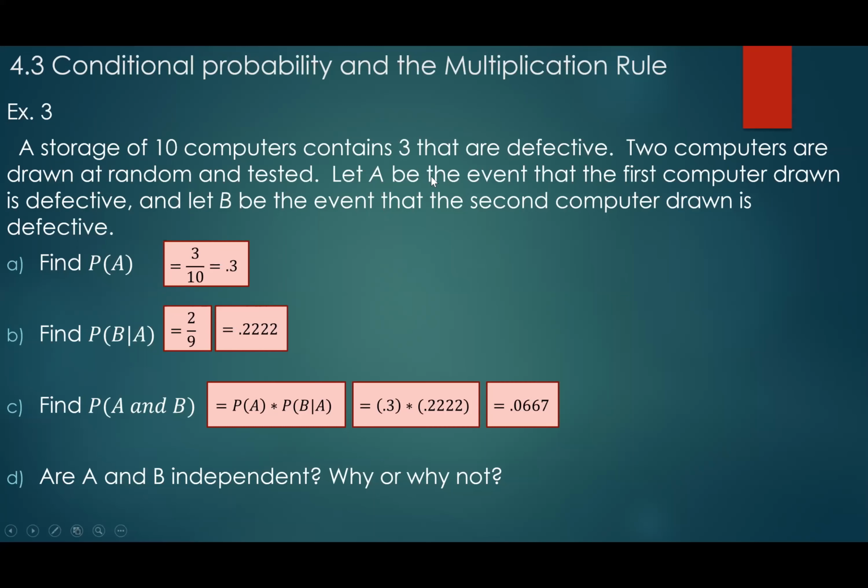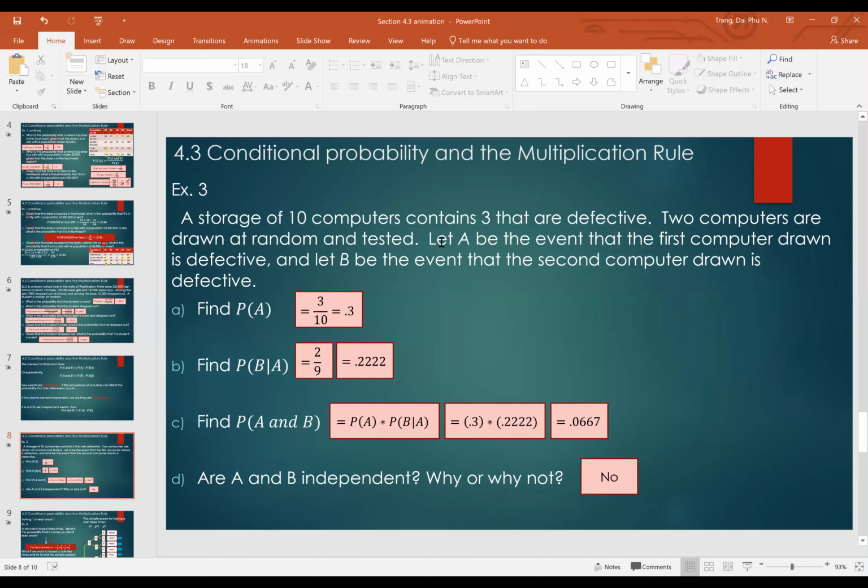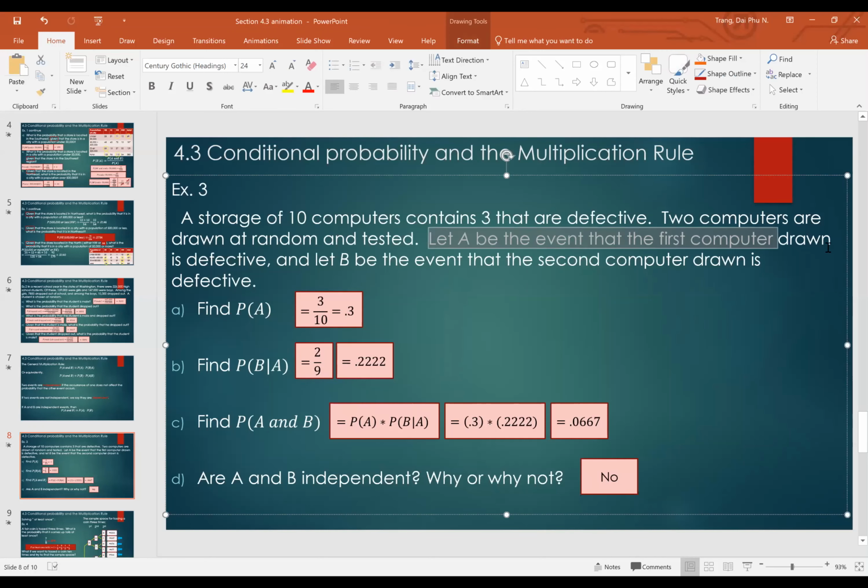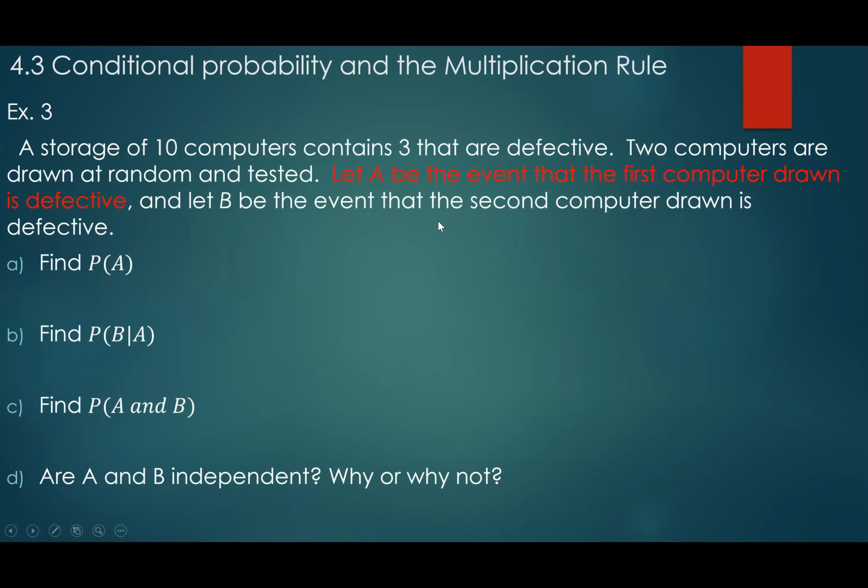If you look at this item here, what I highlight in red: let A be the event that the first computer drawn is defective.